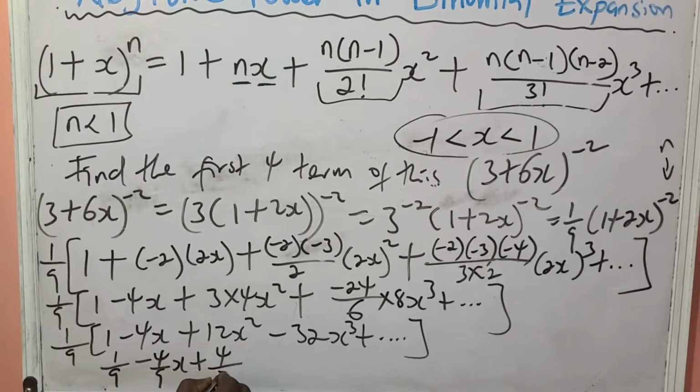So 4 over 3 x squared. Then we have 32 over 9 x cubed. Then we have on and on and on. All right. So we are almost done.